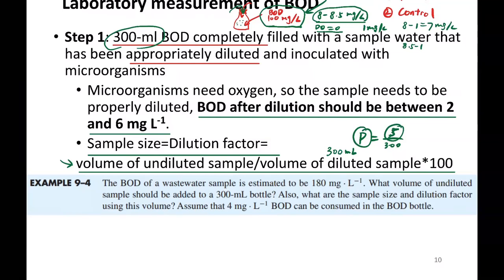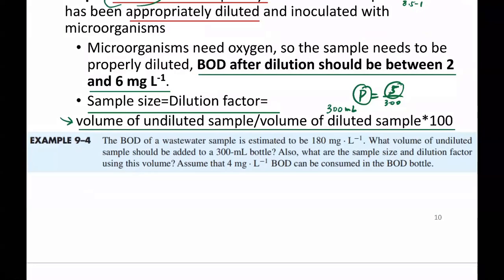Okay, so I think maybe there are some misconceptions in this problem. So the real sampled water is the wastewater, right? And then what we did is we diluted twice and then put it into the BOD bottle to measure the BOD, okay?